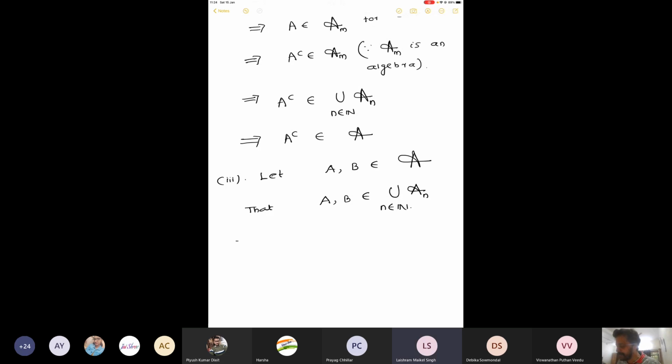Of course, this will give A is in some A_M, B in some A_I. Can I say that that implies A and B are in A_n-naught for some n-naught in N?